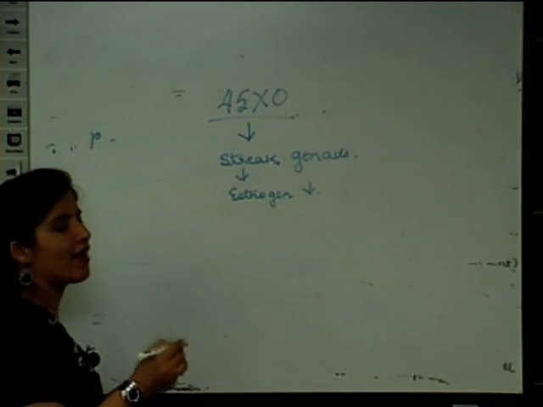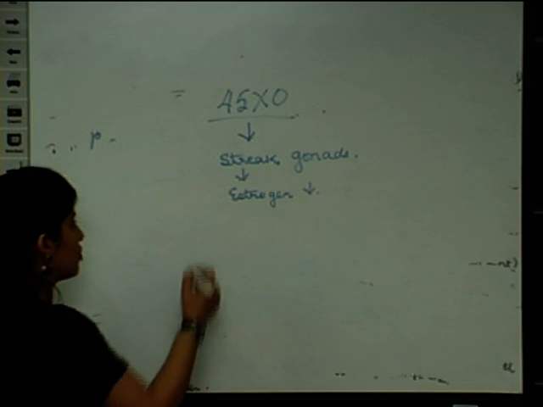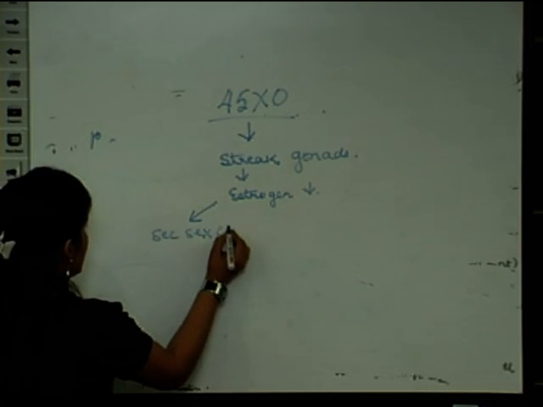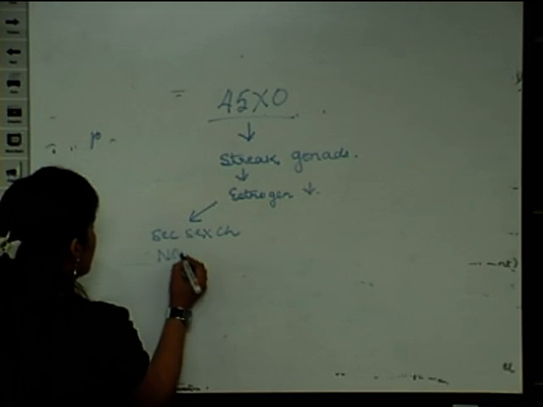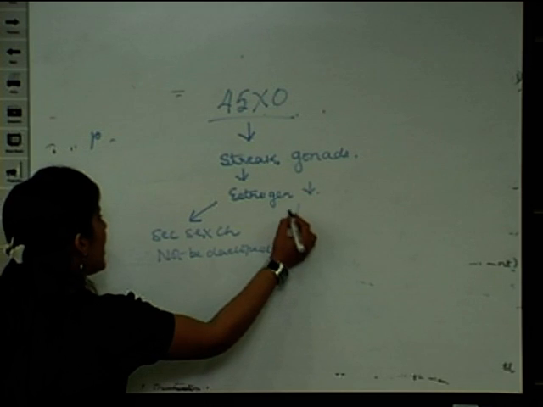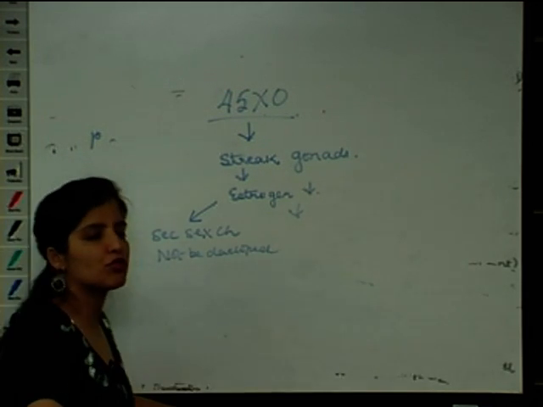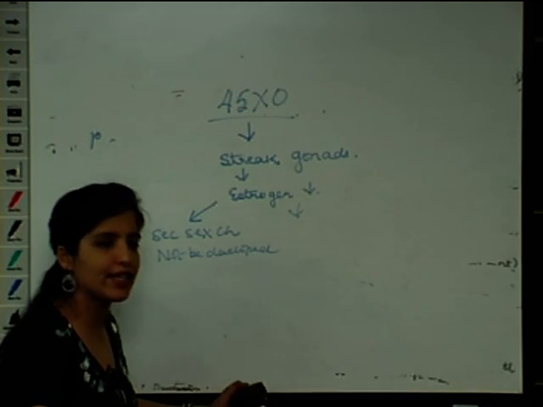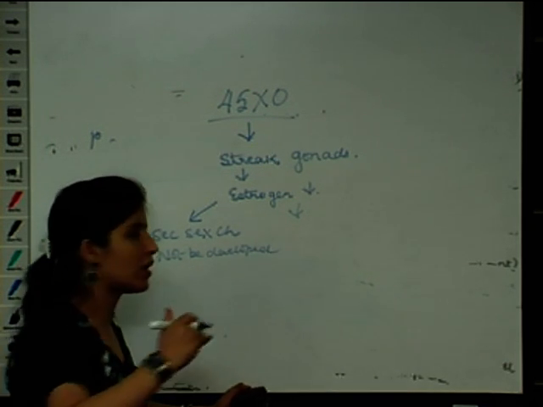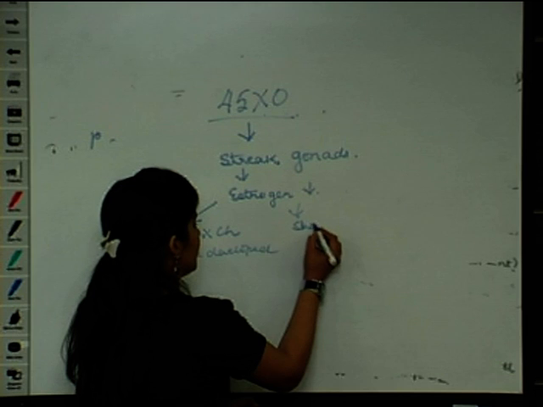Because they have inadequate estrogen, secondary sexual characteristics will not be developed. And estrogen is also responsible for increase in height. Because there is less estrogen, these patients will be short-statured.